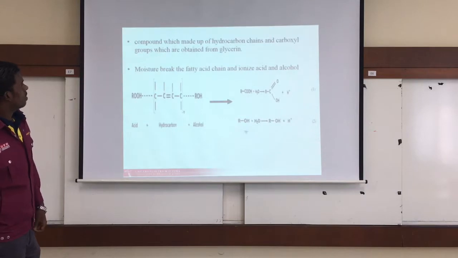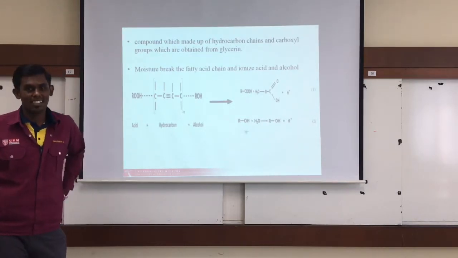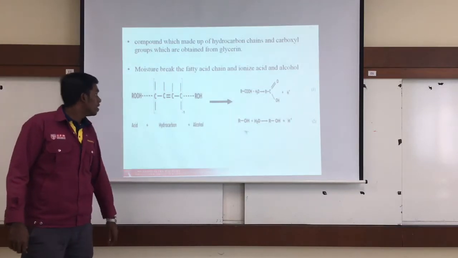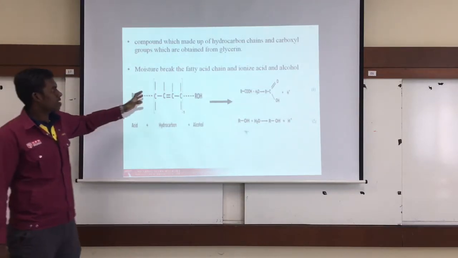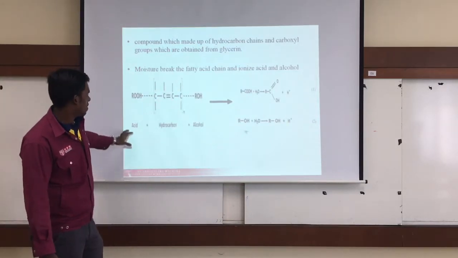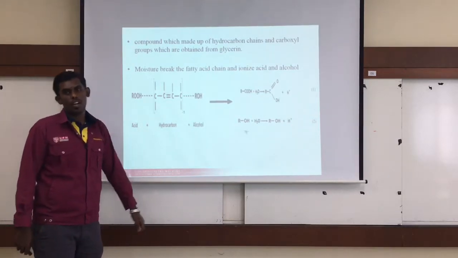As you can see here, the compound is made of hydrocarbons and carboxyl groups which are made from glycerin. So these are the compounds we found in the PFAE oil. The moisture breaks the fatty acid chain and ionizes the acid and alcohol. Where does the acid and alcohol come from? These two components come from the aging products.